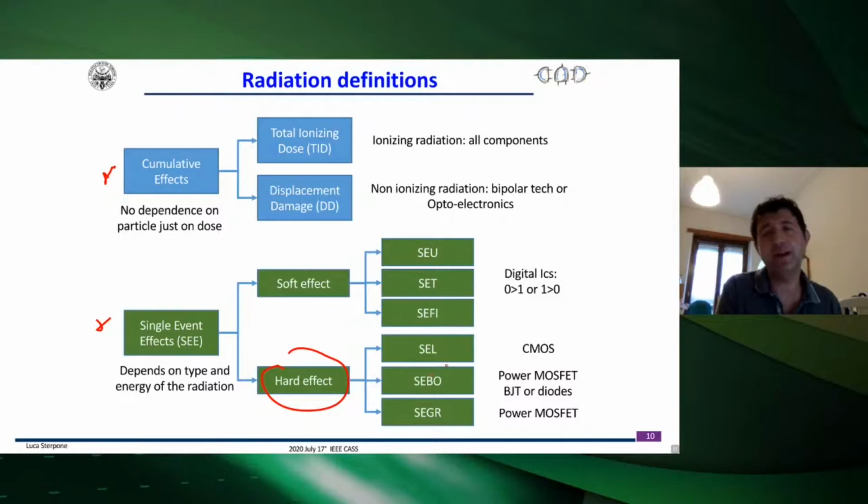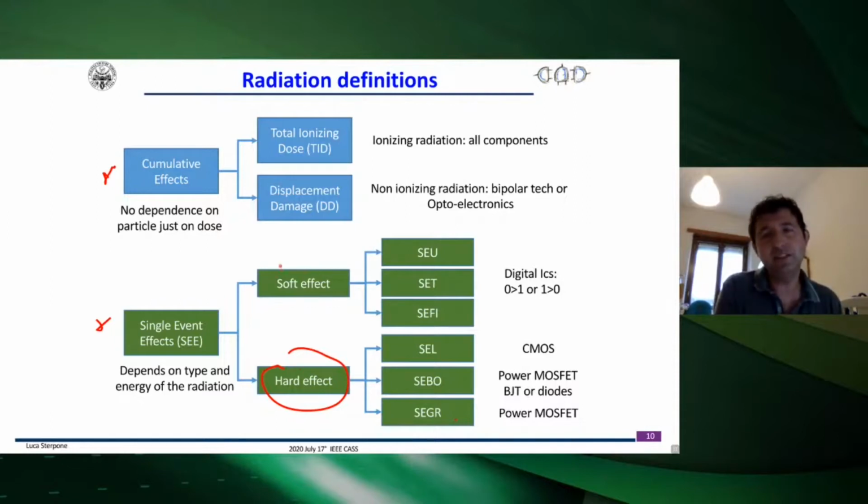In this type of effect, we have the latch-up, the burnout, and the gate rupture. That, of course, makes a critical condition for your device because it's going to damage your circuit permanently. So you need to prevent it by means of specific device structure. And clearly, we need to analyze commercial off-the-shelf devices to see how resilient they are, but not so many things can be done from the device point of view.